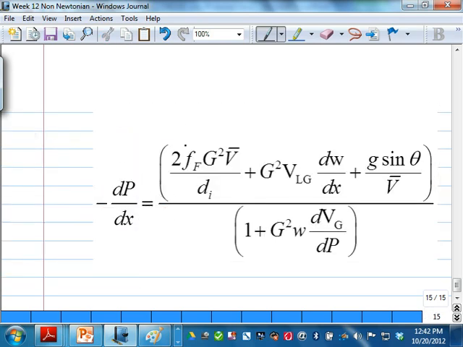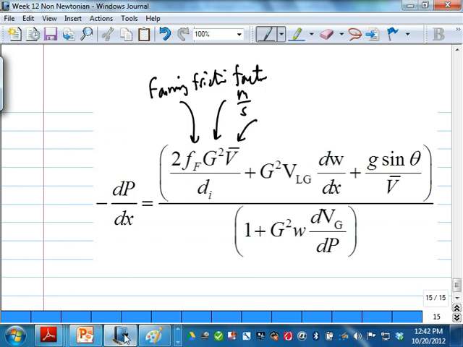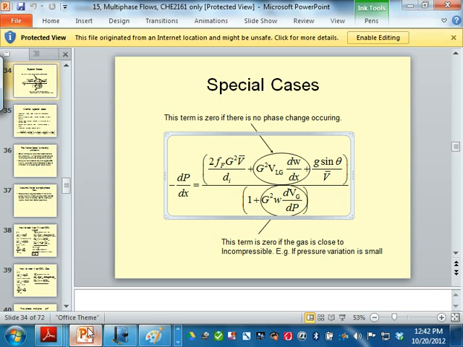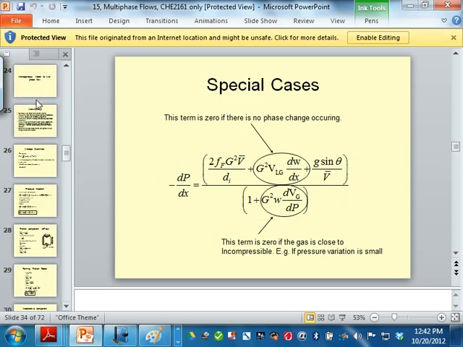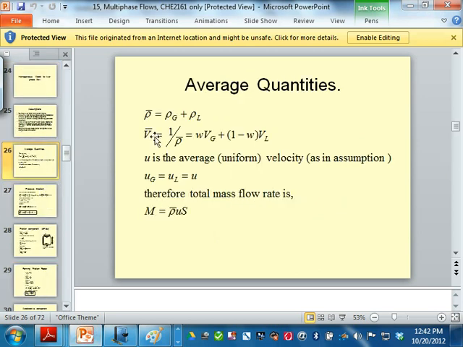So let's see. F, we still don't know, that's the Fanning friction factor. G, that is just M over S. V bar, what is it? I thought I said it earlier, a few slides ago. Alright, this one.